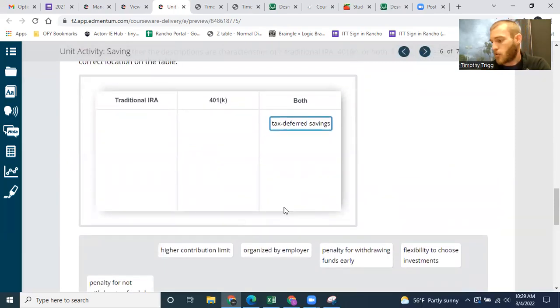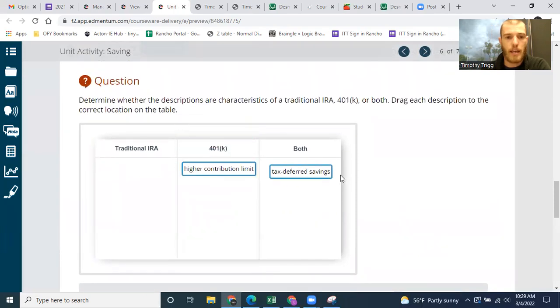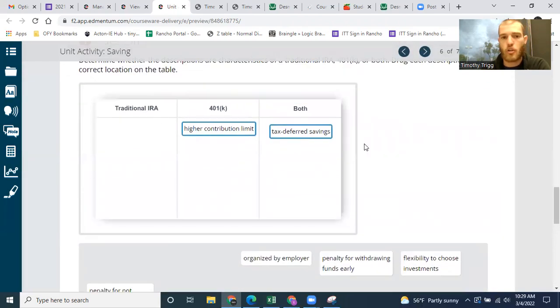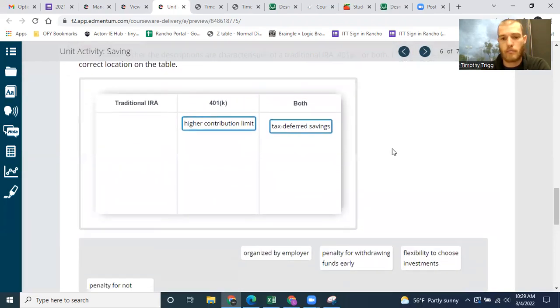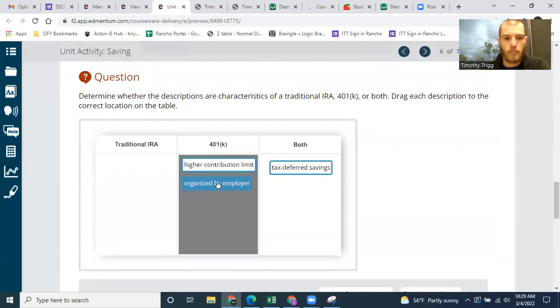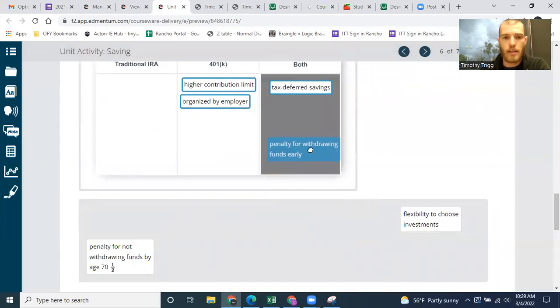For a 401k, you usually have a higher contribution limit. Again, a 401k is one that's set up with your employer generally, and a traditional IRA is not. Organized by employer, right? I just said that, it's 401k. Penalty for withdrawing funds early, that's both.